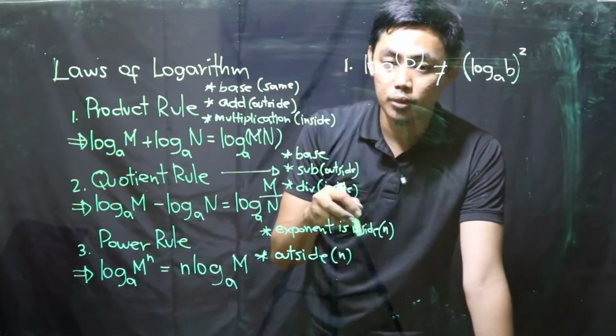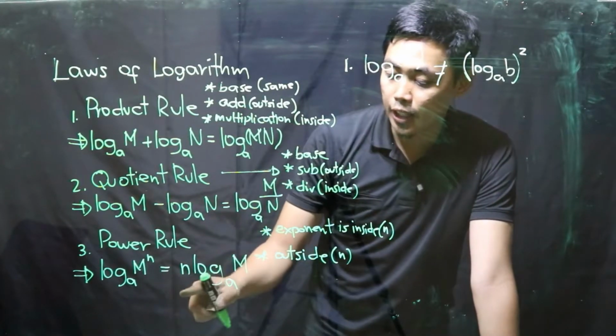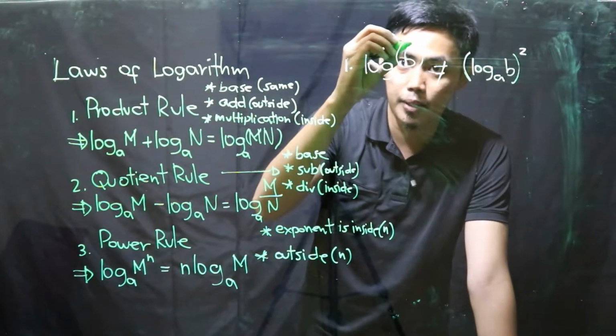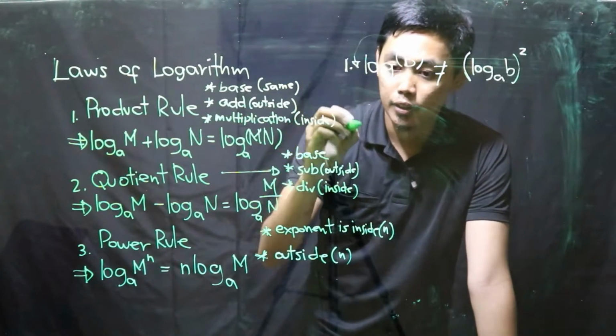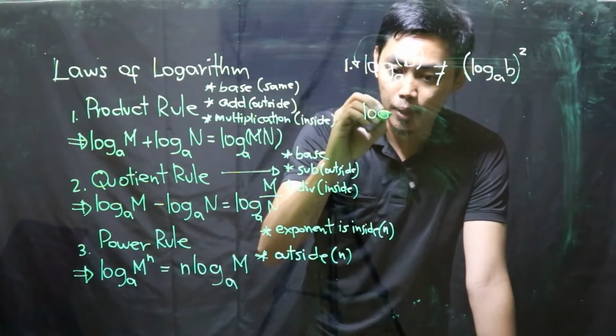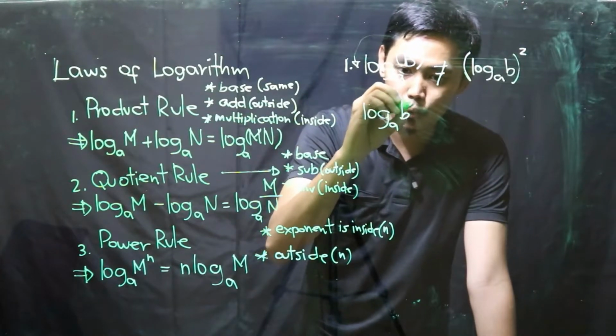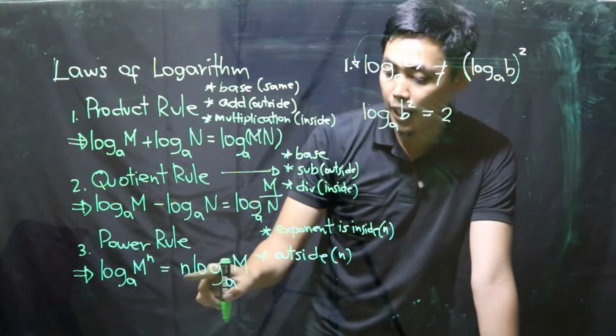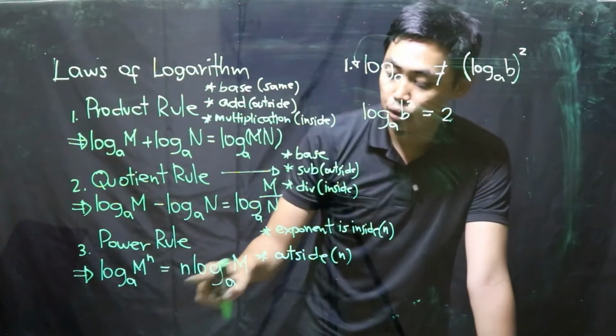So let's continue. As the rule says, we can get the exponent and transfer it to the side of the logarithm. Transfer it here. So we can say logarithm of base a, b squared, this is inside, is equal to 2n. Right? The same? 2n.